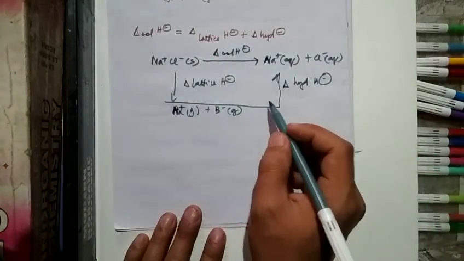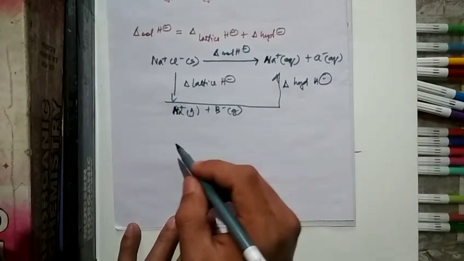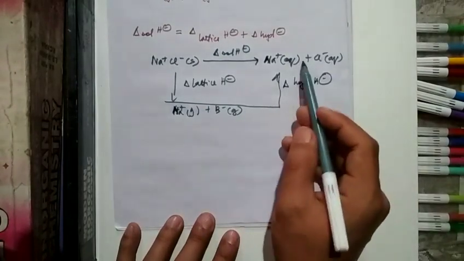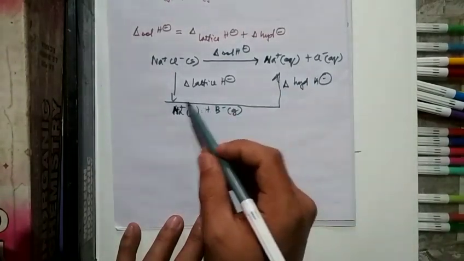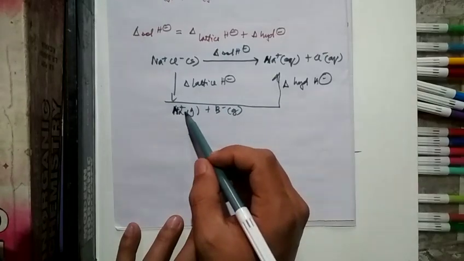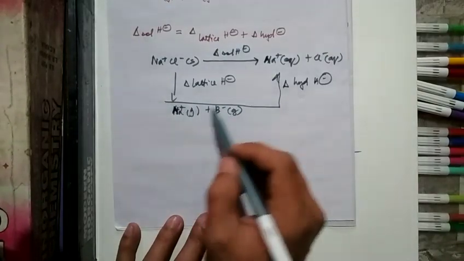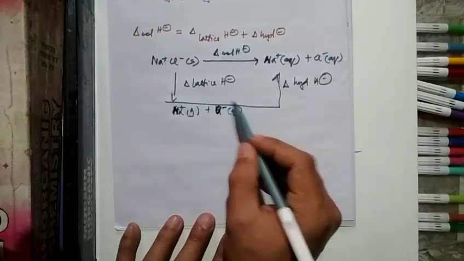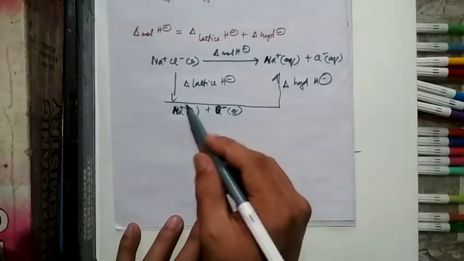For lattice enthalpy, we know it breaks into these gaseous ions, Na plus and Cl minus ions. Let's take them as gas.